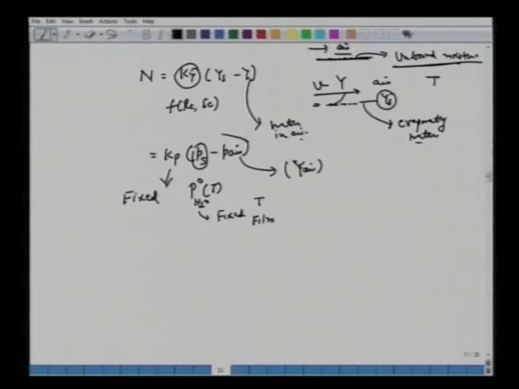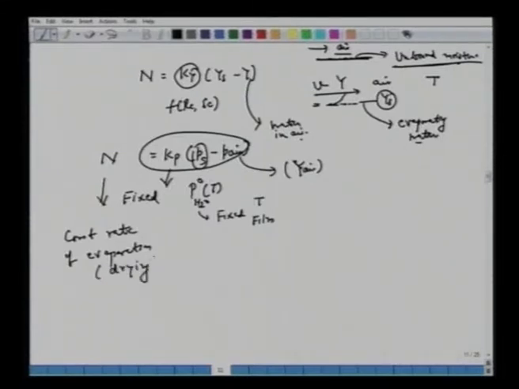So you have an essentially constant rate of evaporation, which we are calling the drying rate. So that's stage 1, we have addressed this one.